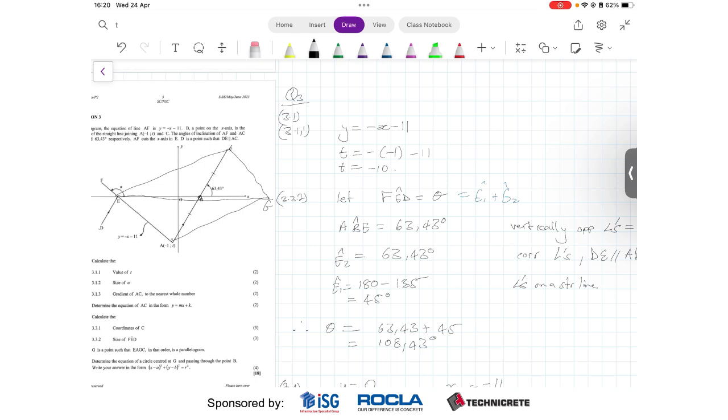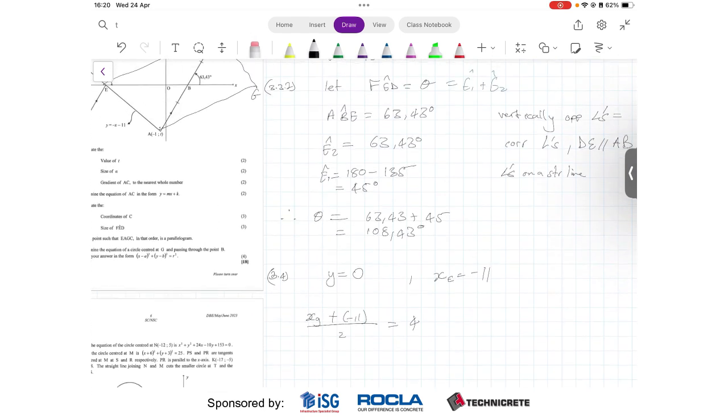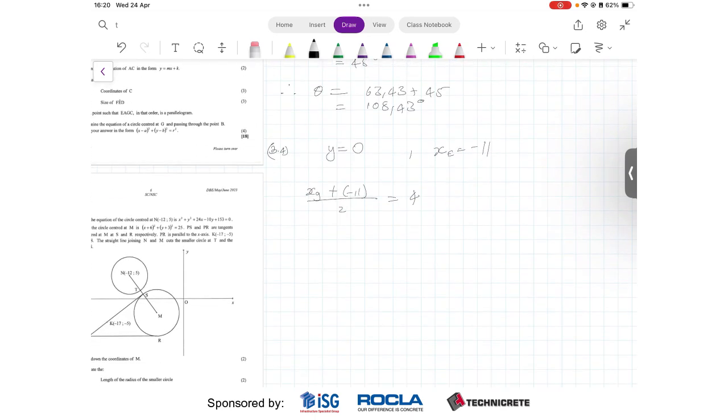And because they're equal, they share a common midpoint at B. Meaning the x-coordinate of B will be the midpoint for the x-coordinates of the line moving from E to G. So that tells me that the x-coordinate of G is 19, okay?